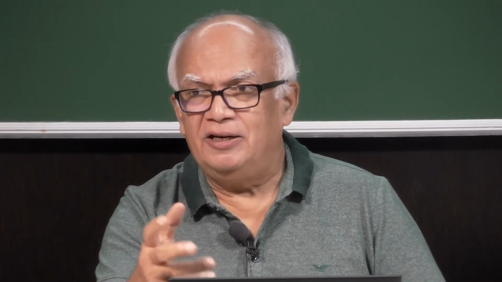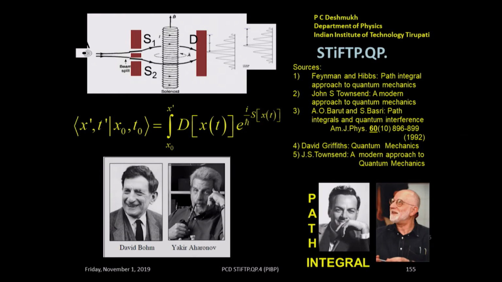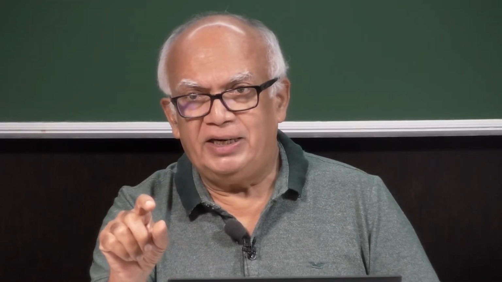So, that is the idea which is deeply embedded in our thinking, and it is this relationship which goes into the equation of motion, which is F equal to dP by dt.